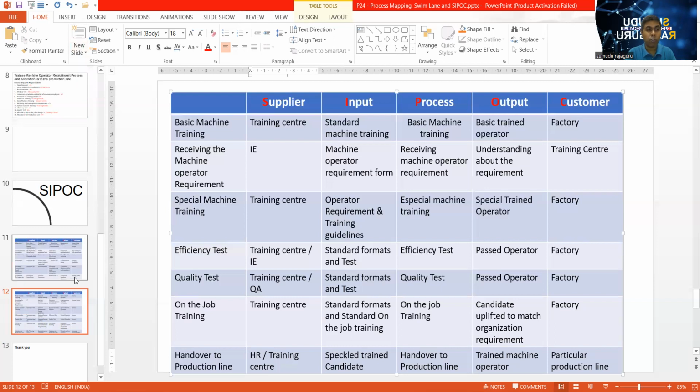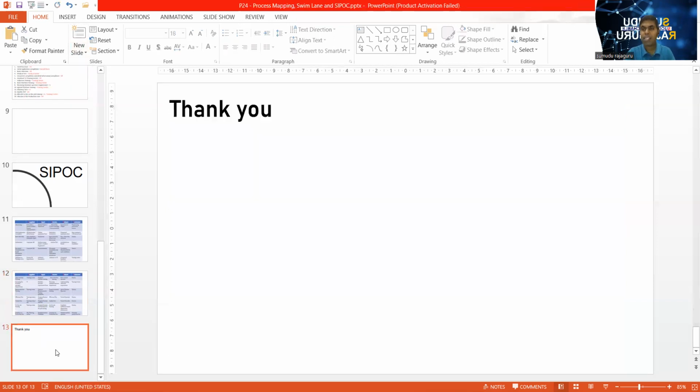Okay, so I'm going to summarize now. If we want to improve the process, we have to draw the process map.